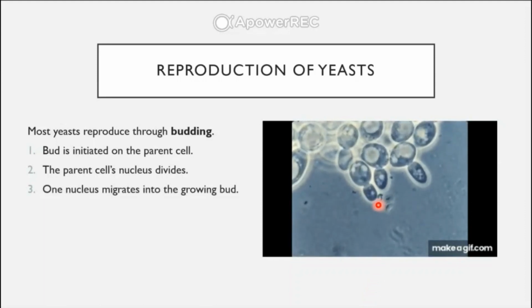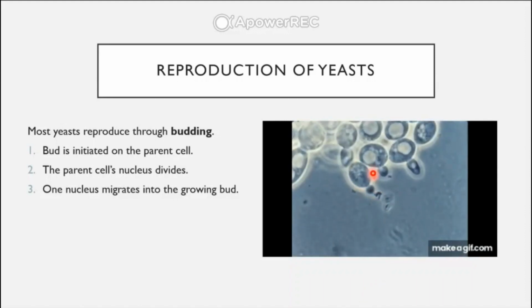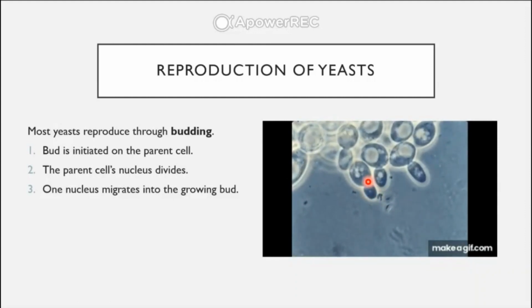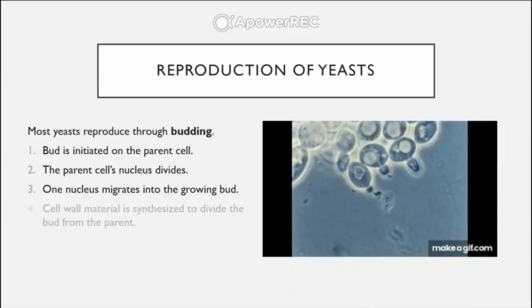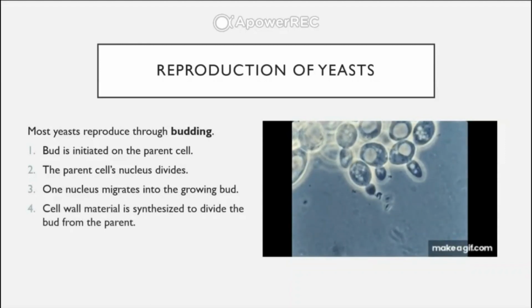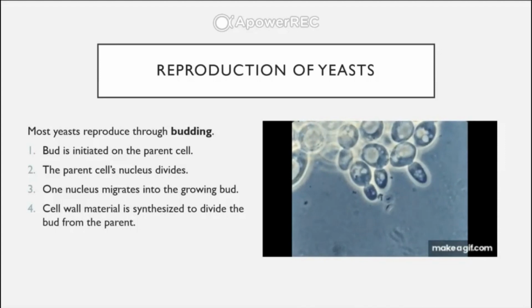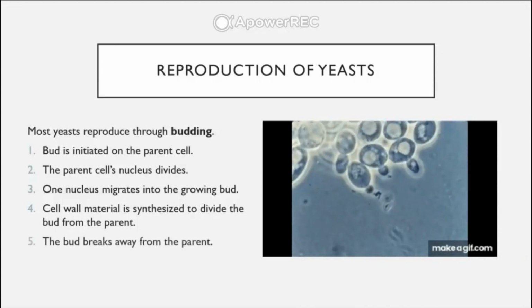As you can see in this image here, the growing bud, if we look at these two asymmetric spheres here, the larger one was the parent, and the smaller one, the bud that's forming, is going to be the daughter cell. Now, cell wall material is synthesized in order to divide the bud from the parent.